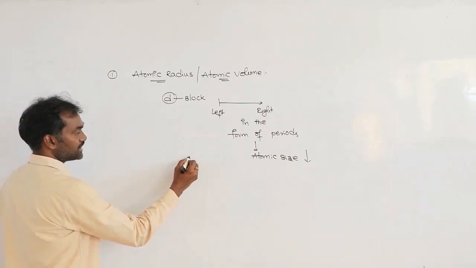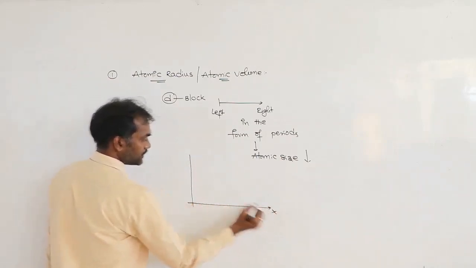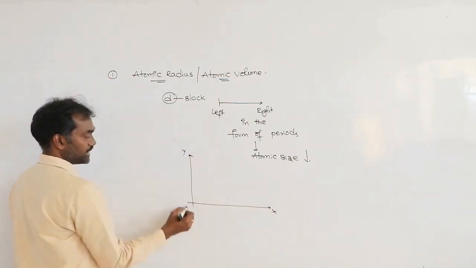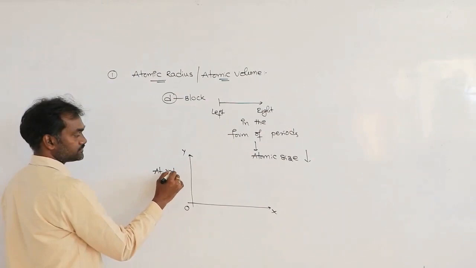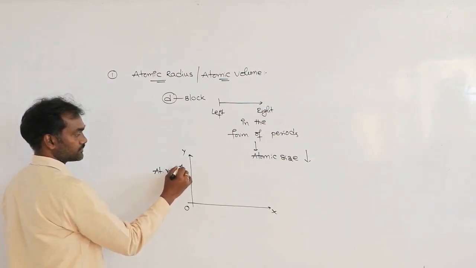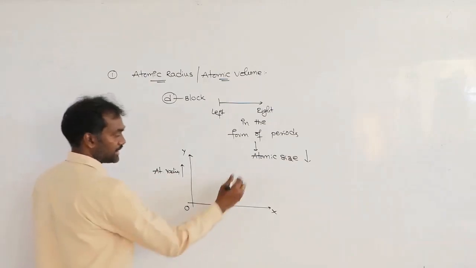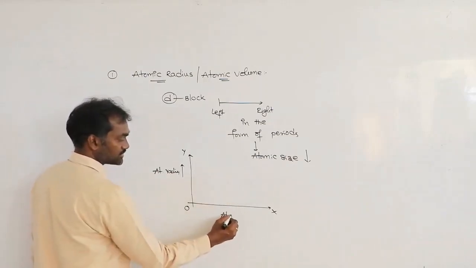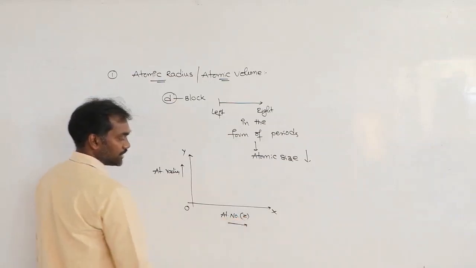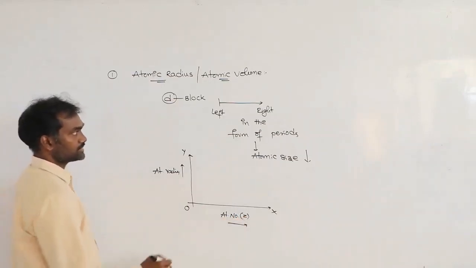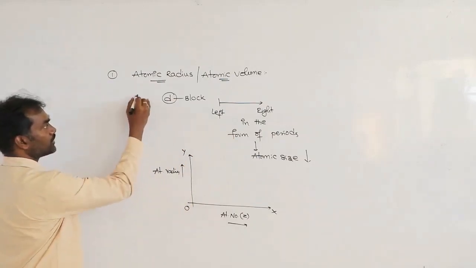Suppose you see the graph: on the y-axis atomic radius, on the x-axis atomic number. Next, top to bottom, what happens?